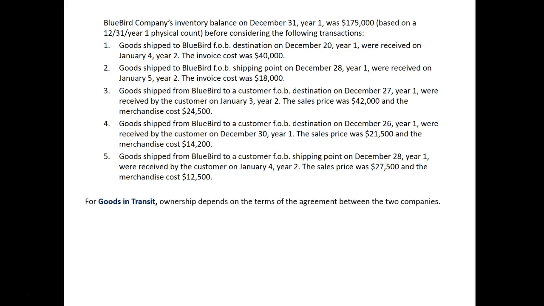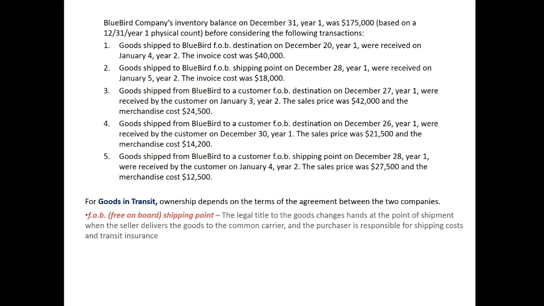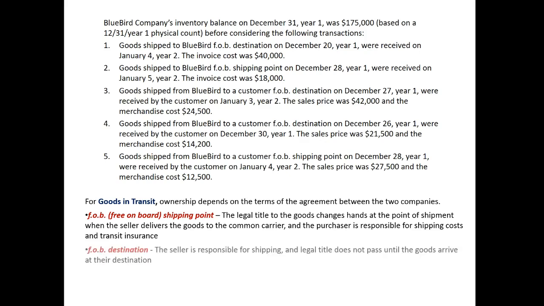So, goods in transit, remember, depends on the terms between the two companies as to whether it should be included in inventory or not. If it's FOB shipping point, legal title changes at the point of shipment when they go to the common carrier. From there, the goods have transferred, the sale can be recorded, and now the purchaser is responsible.